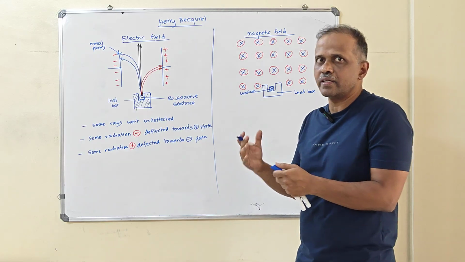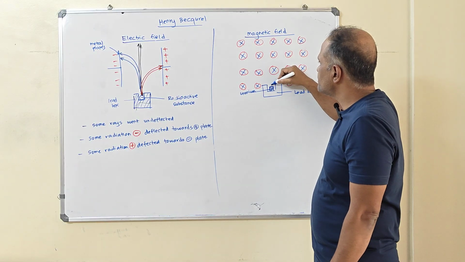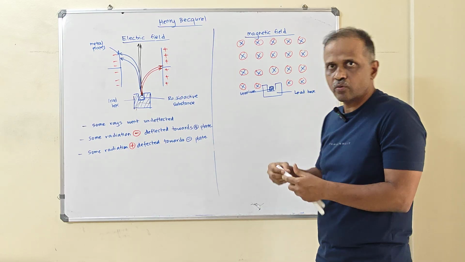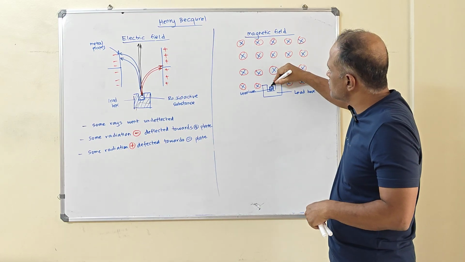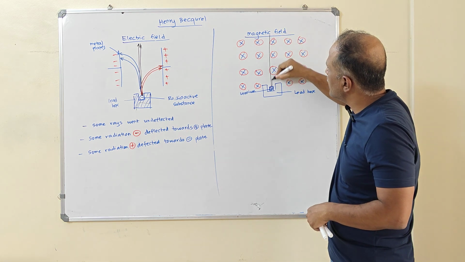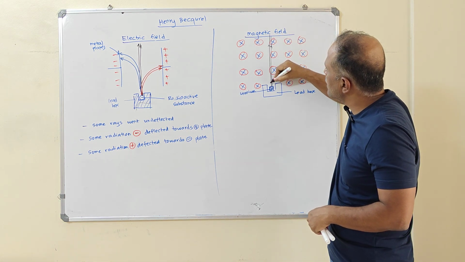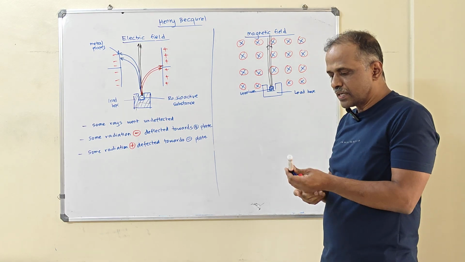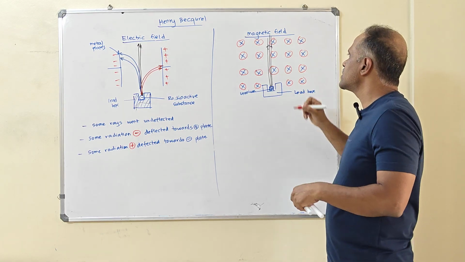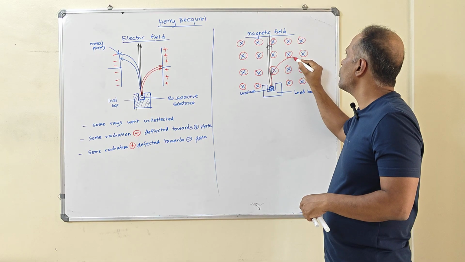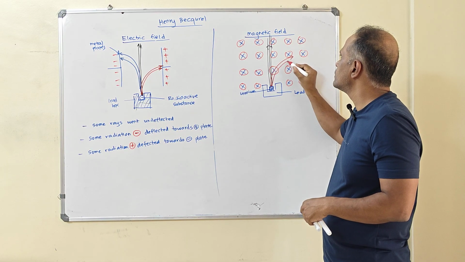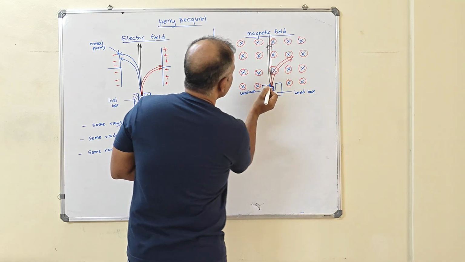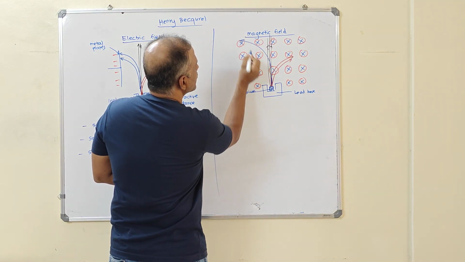Now what had happened was the same thing as it was being studied earlier, that is, there were certain rays which went straight, undeflected. There were certain rays which deflected over here like this, and there were certain rays which were deflected over here like this.